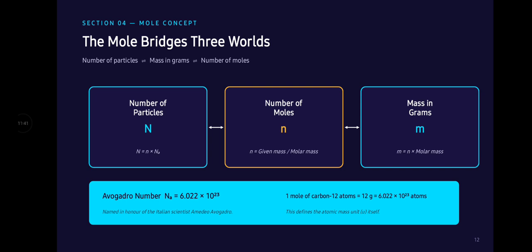The Avogadro number, as I already said, is NA, 6.022 into 10 raised to 23. 1 mole of carbon is 12 g. We have 12 g, so we have 6.022 into 10 raised to 23 atoms.